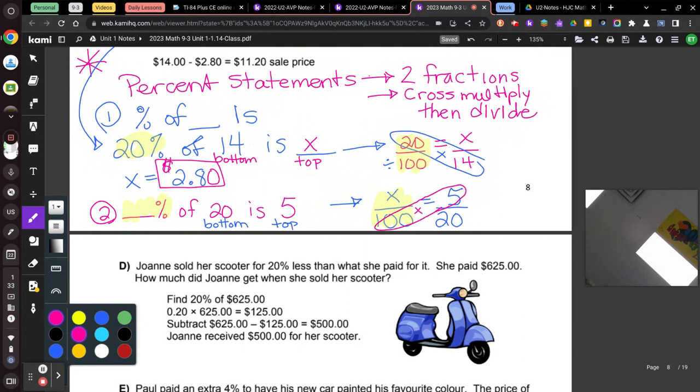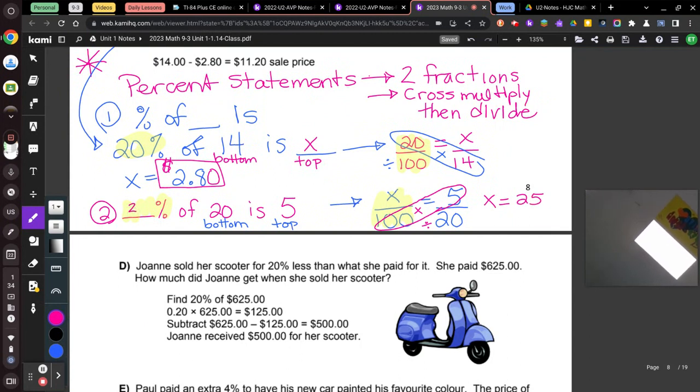So we're going to times them, then divide. When we do that, we're going to get X. And we're not dealing with money in this question. We're going to get an answer of 25. So I put my answer here. That is 25% of 20 is 5.